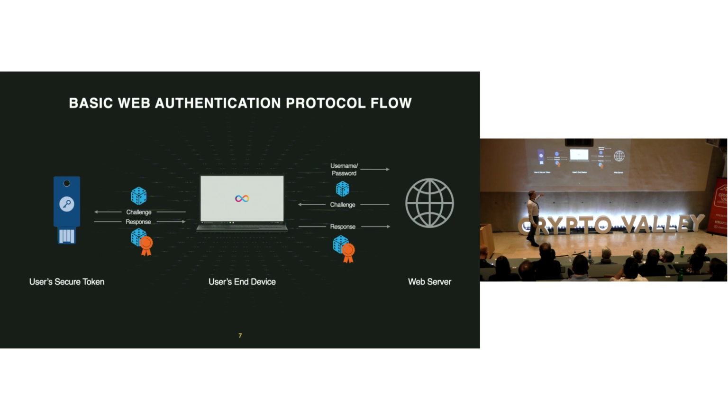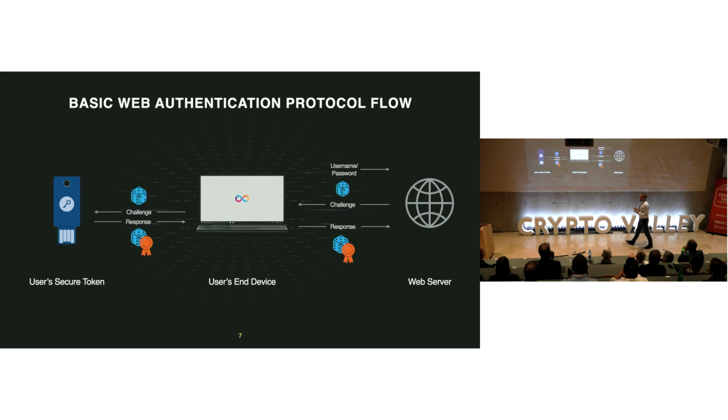I've just shown it here to simplify the diagram. That security token creates a response that the user's device sends to the web server. So in order for this flow to work, we need user interaction. Usually if you have a YubiKey like this, you need to tickle it so that it would send the response. If you use your computer or phone, you need to show your face or touch the fingerprint sensor.